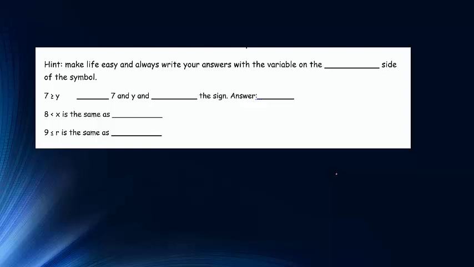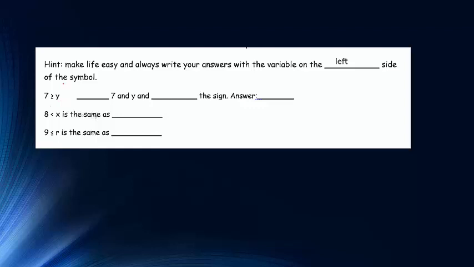So I'm going to give you a word of advice because a lot of kids mix up when they're graphing their answers. They mix up how to read their answer and they mix up which way their arrow goes on the number line. So I always make it a habit to write my letter on the left side of my symbol. So take 7 is greater than or equal to y. That can be a little confusing.